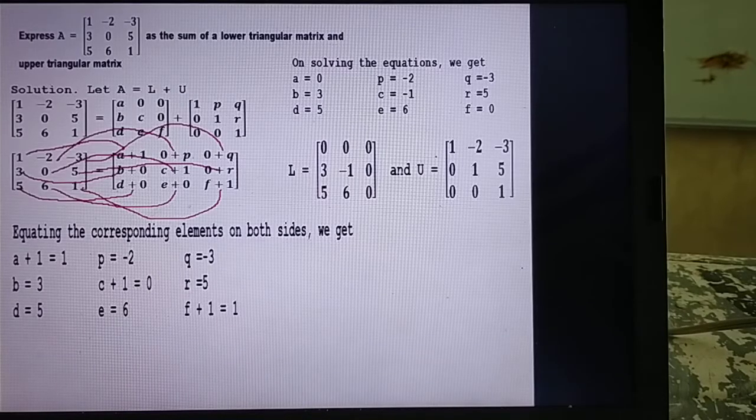And for the upper triangular matrix, the diagonal is originally 1, then we have P equals -2 and Q equals -3, then R is 5, and these are the answers.